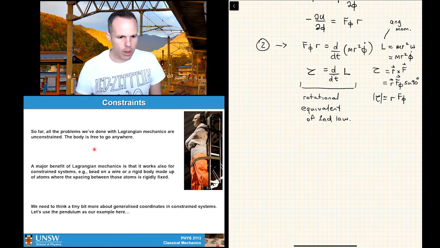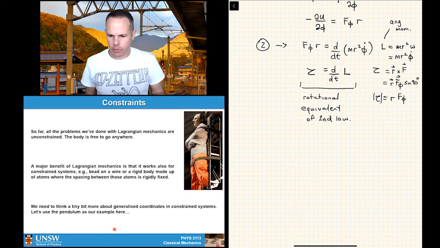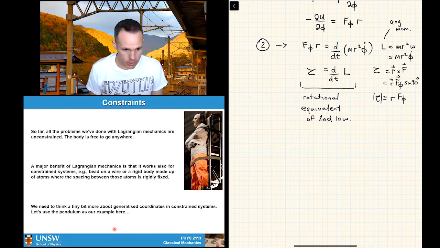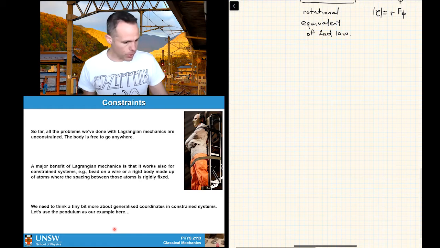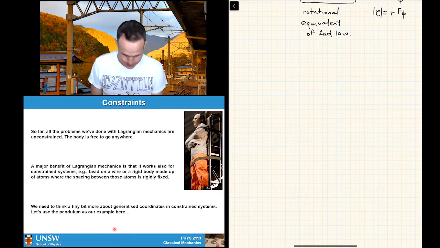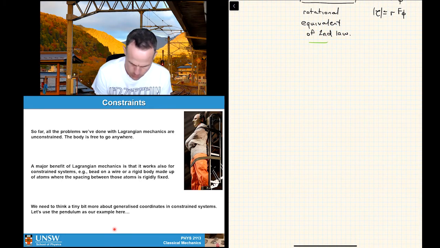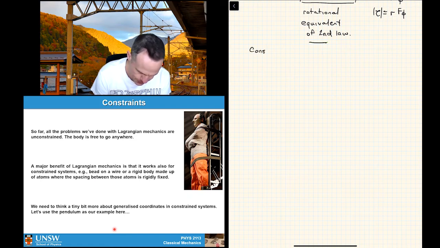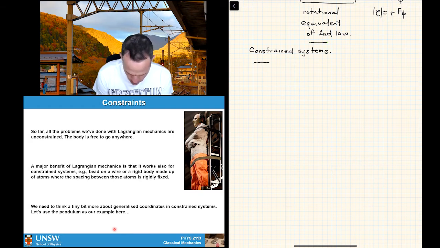And so to give you some insight for how this works, I'm going to do this with the pendulum problem, okay? Right, constrained systems. So we have our familiar old pendulum.